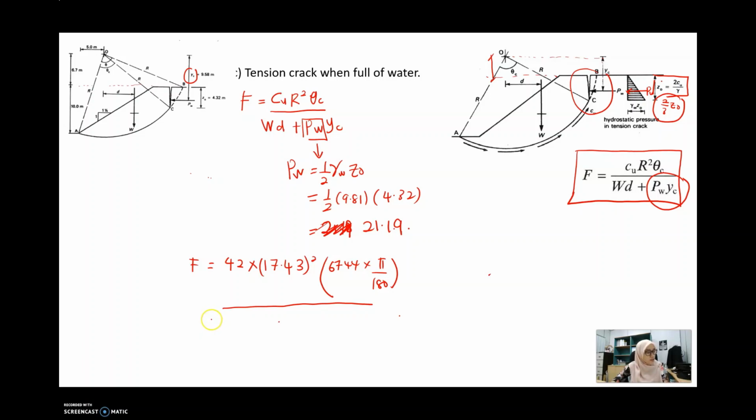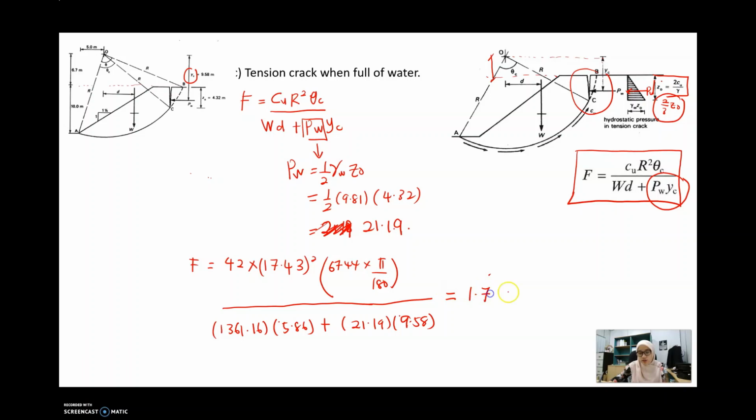W times 2D, 1361.16 times 2, 586, plus 2 times our PW here, 21.19, and then our YC given here, 9.58. So your F should be equal to 1.7.